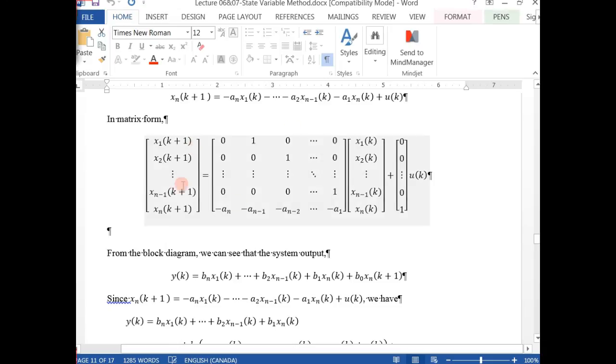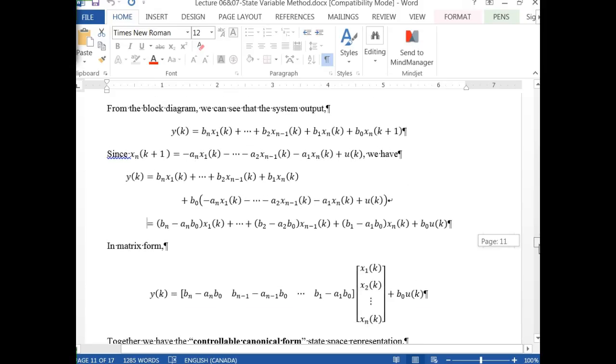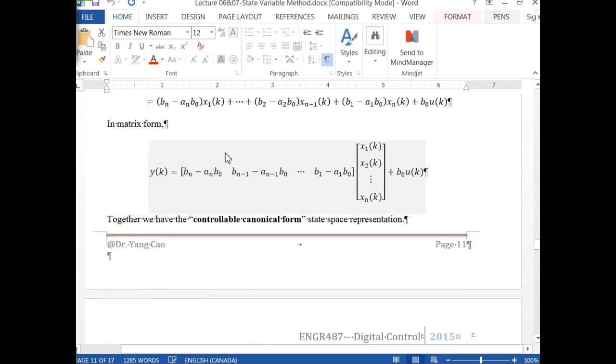So here is the state equation. If you reduce that to order of 3, you get exactly the same thing as we just obtained. And you also get the output equation here.